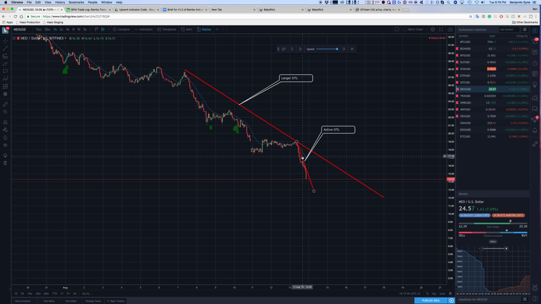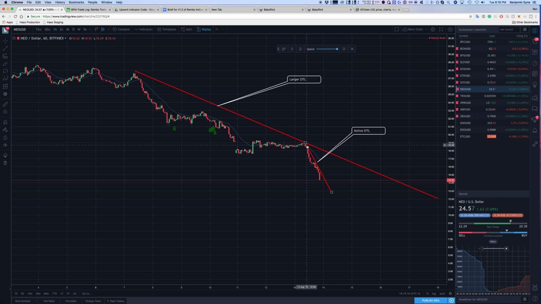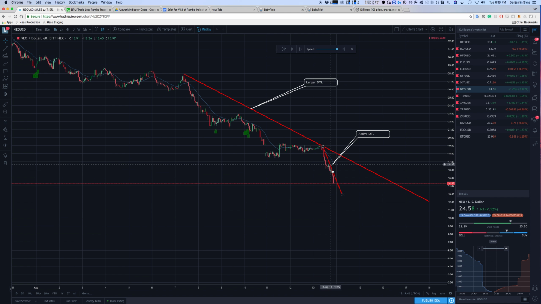This active DTL, or UTL depending on whether it's an uptrend or downtrend, is drawn using the most recent lower highs. So whatever the logic is, it would have to look at a very recent correlation period and find the most recent high. The reference point you would use is when something reverses.